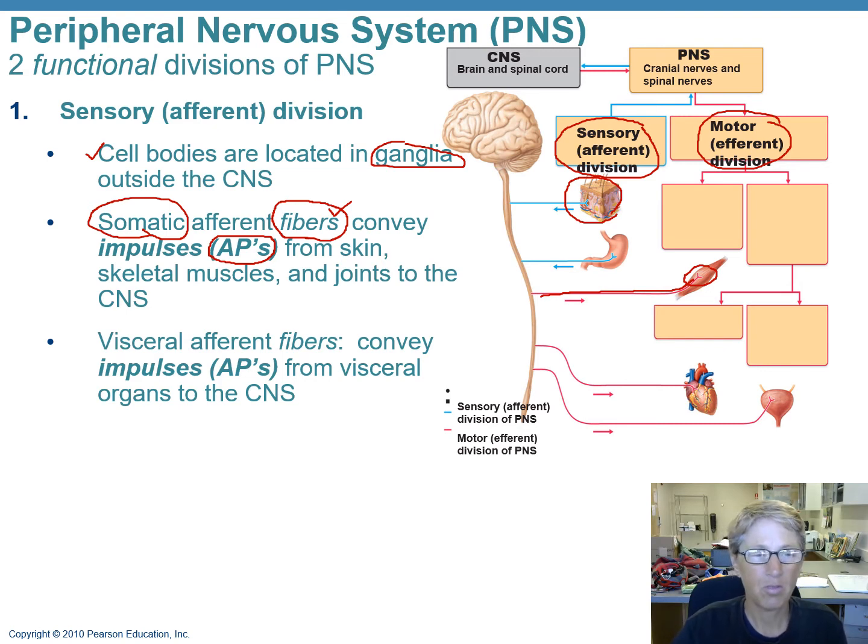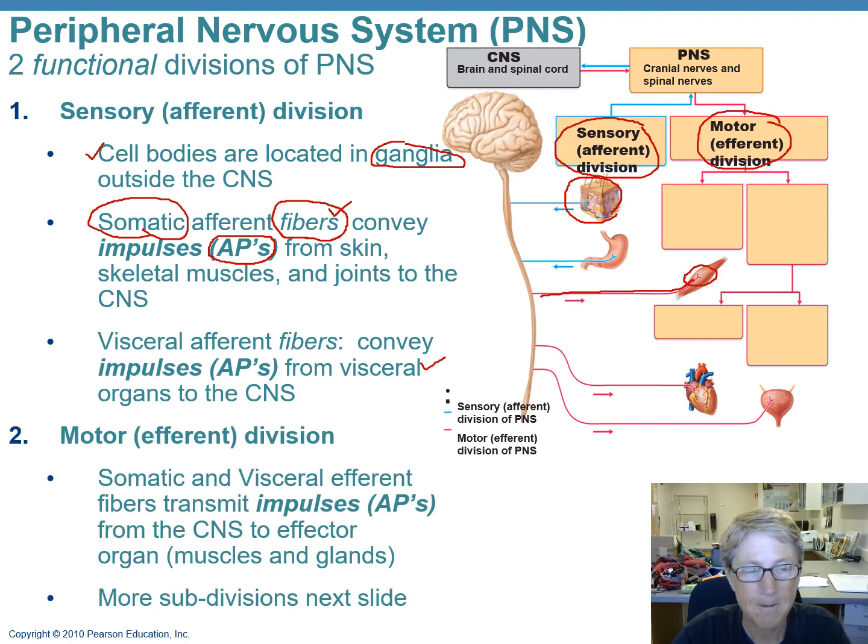Then you're in the somatic afferent fibers. If you have sensations coming from your visceral organs like your stomach, your bladder, and you want to send that information about what you're sensing to the central nervous system, you use visceral afferent fibers.